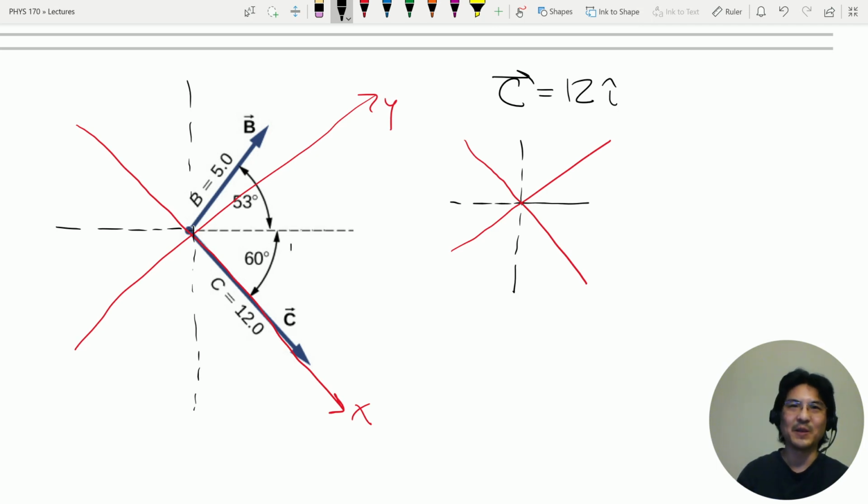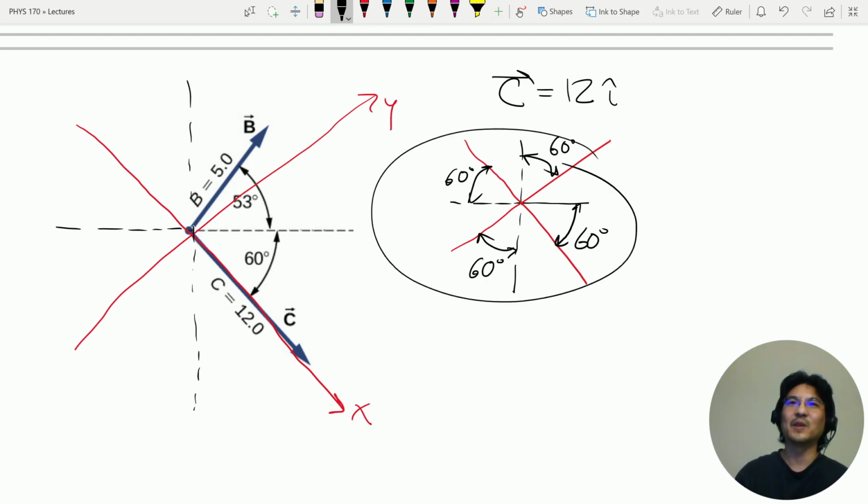I say 60 because right here, look at this, like here to here is 60 degrees. So let's rotate the horizontal and vertical one 60 degrees clockwise. So that's here, and here, and here.